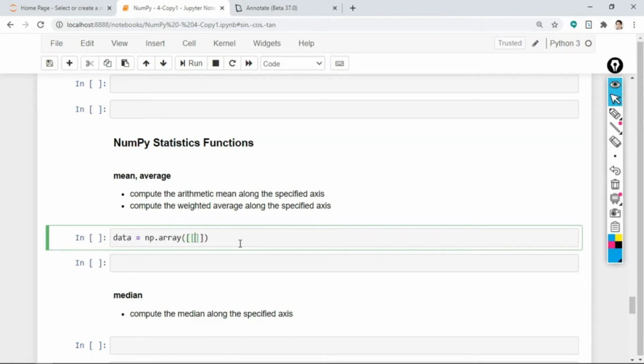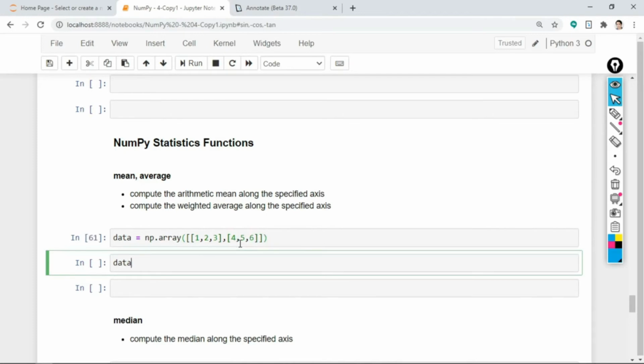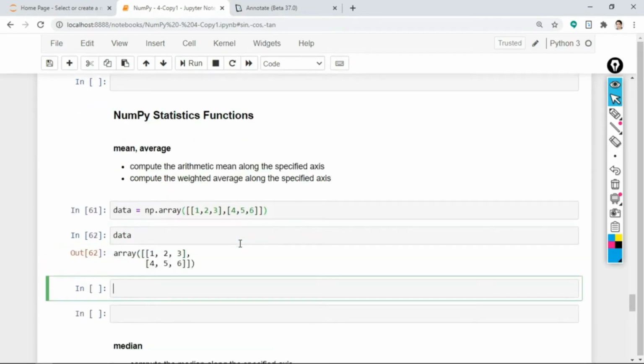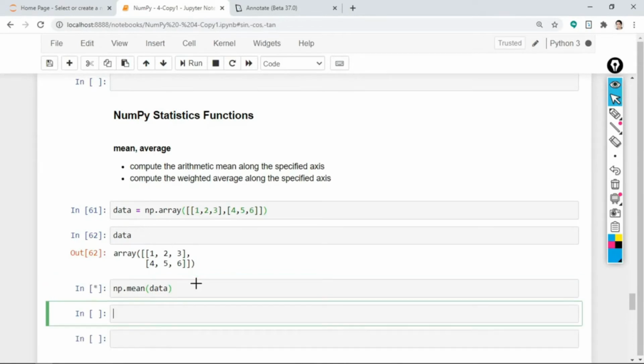I'm going to create a two-dimensional array without using the reshape method. If you look at the data, you have a matrix already. It just means np.mean of the data: what is the mean of all the numbers.